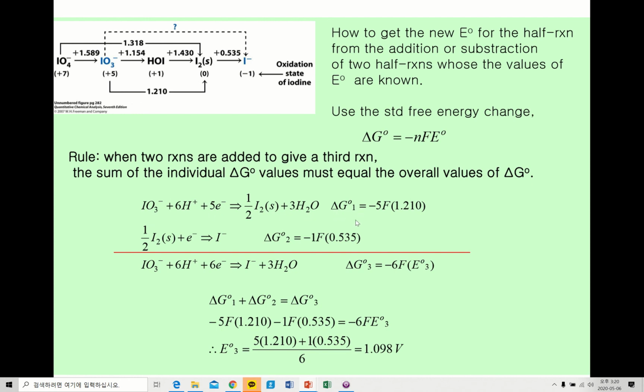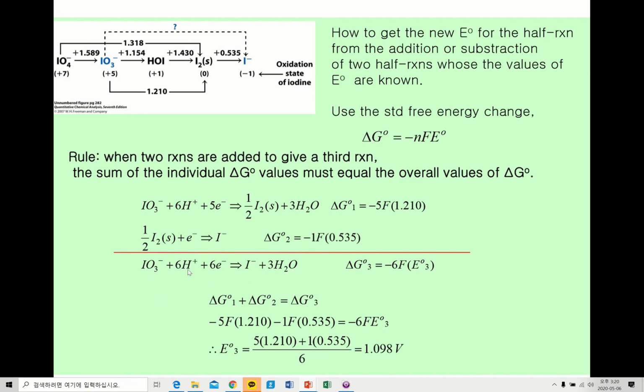Delta G1 zero equals minus nFE, where n is 5 electrons, F is the Faraday constant, and E is the standard reduction potential, already given here as 1.210. Then iodine to iodide, which we can write this way, and delta G2 zero equals minus n, where n is 1, times F multiplied by the potential 0.535.